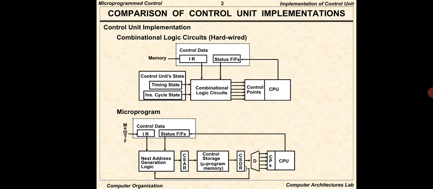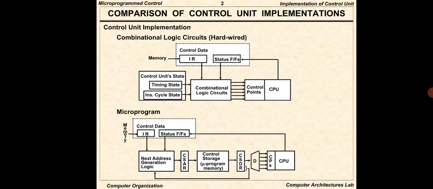A microprogram control unit is going to have a sequence of microinstructions which is used to generate all the control signals. So the main thing is that we will be having two registers: one is the CSAR register and the other is the CSDR register. What is the CSAR register?